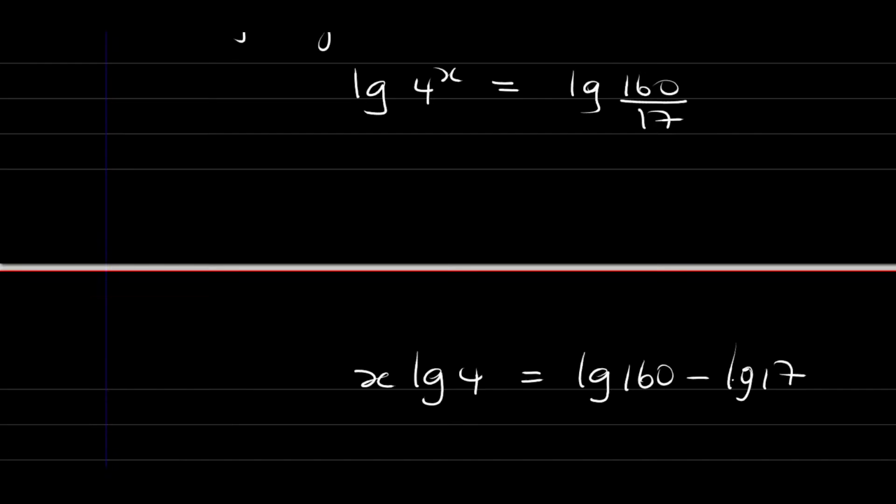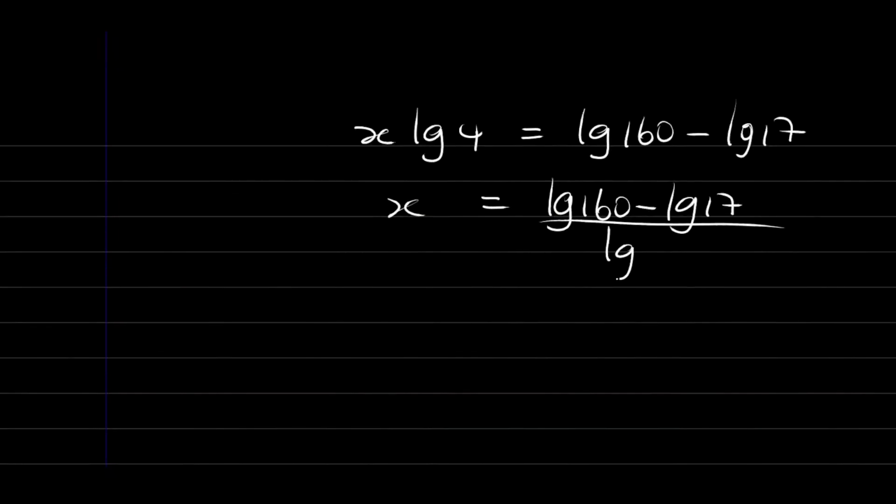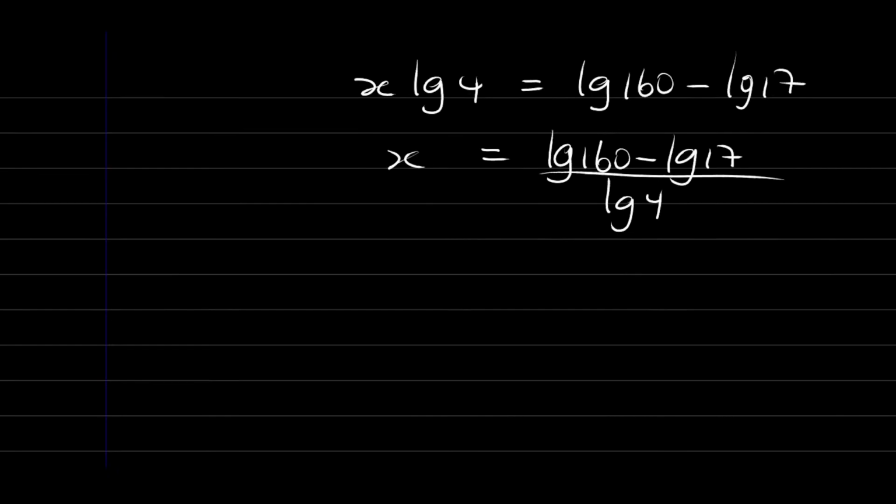I didn't need to do that, but I just did it anyway. Then x will be equal to log of 160 minus log of 17 all over log of 4, right? And with that, we can get an approximate value for x.